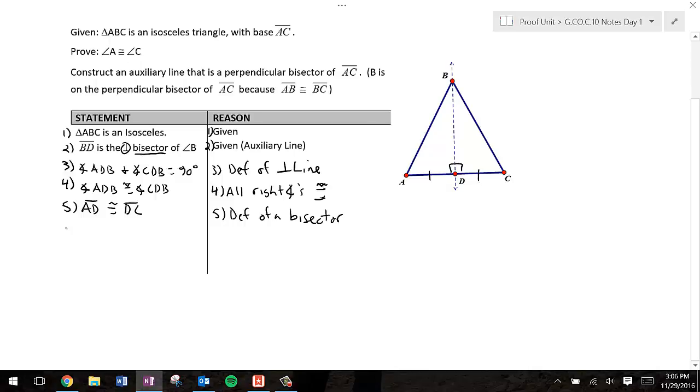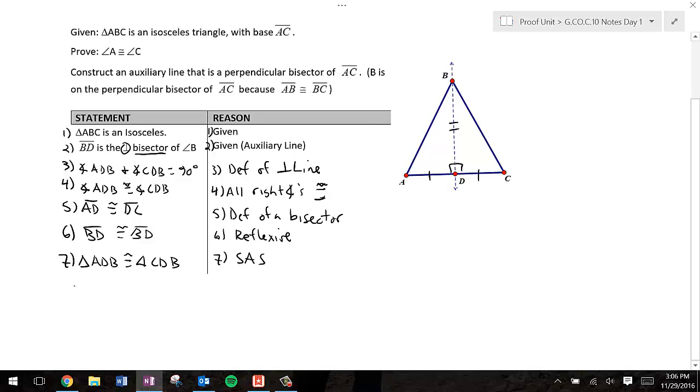We need one more piece of information, and we have it right here, that BD is congruent to BD because it is reflexive. Every side is congruent to itself. So I now have 2 sets of sides with an included angle, so we can say that triangle ADB is the same thing as triangle CDB, and that is by side angle side.